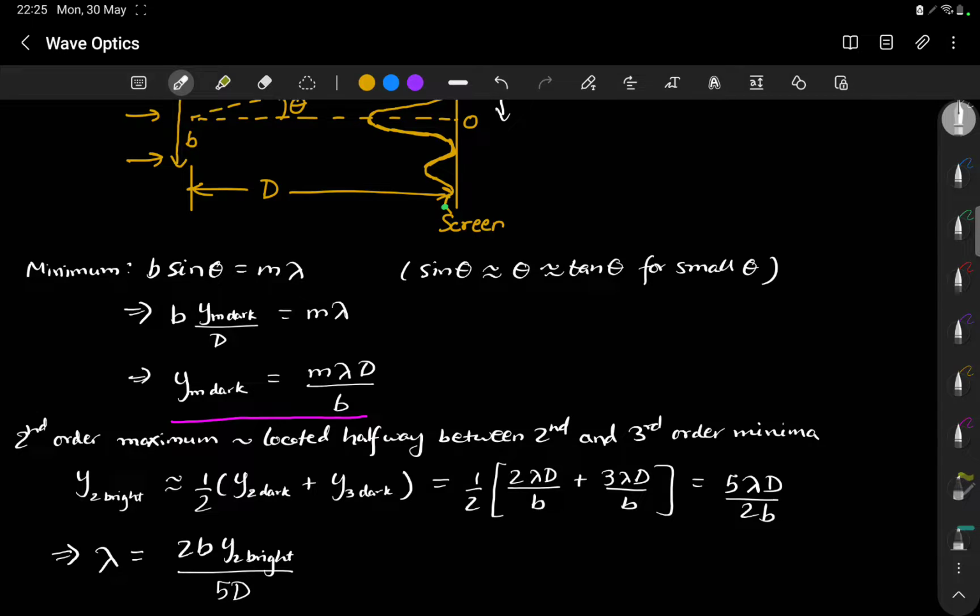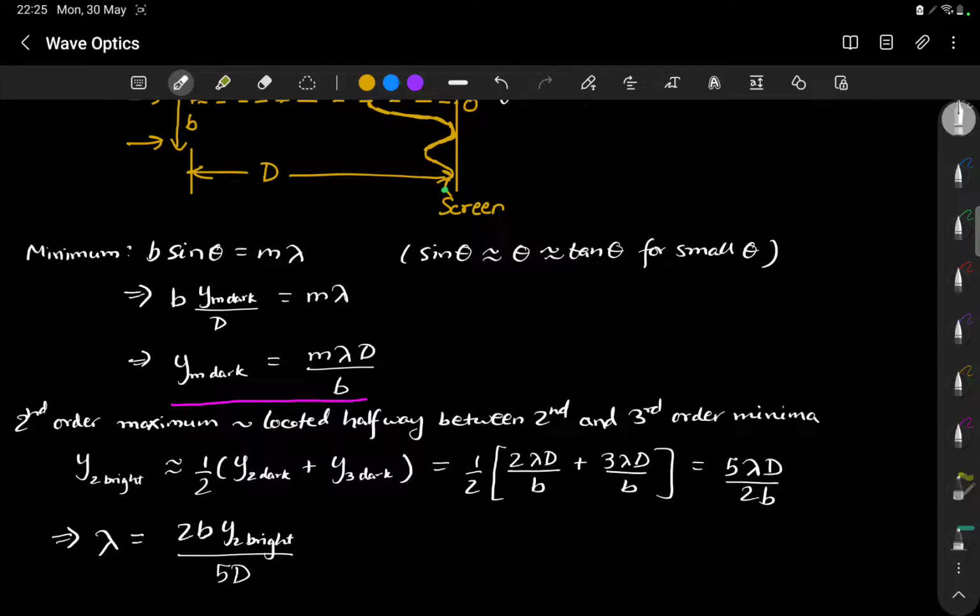And we are given the values of all of these terms right here. So this is 0.8 millimeter is the slit width. Position of the second order bright fringe is 1.6 millimeter, and distance between slit and screen is also given to us. This is 0.8 meter.